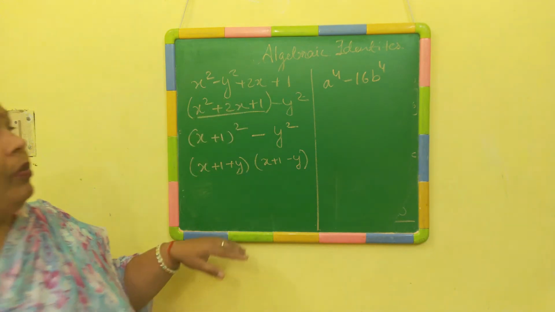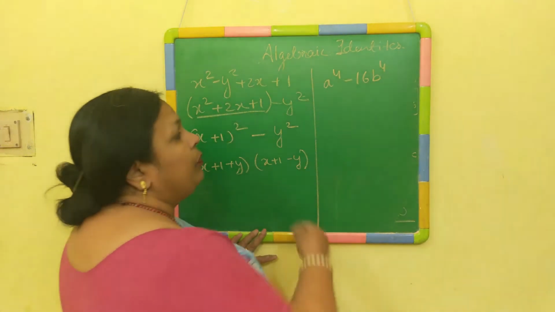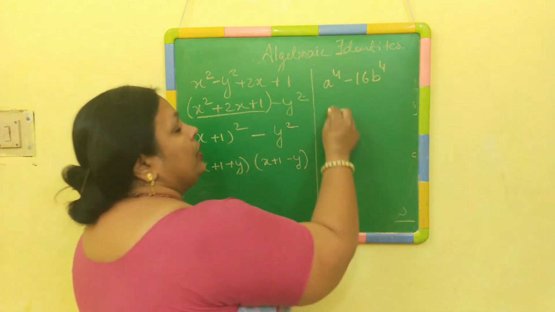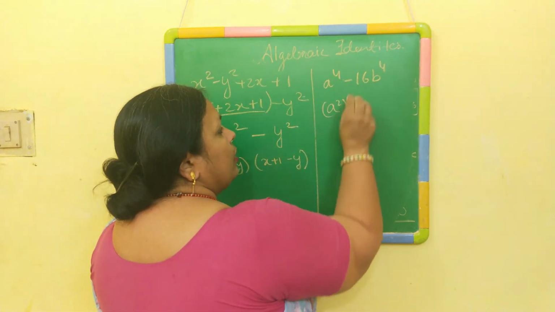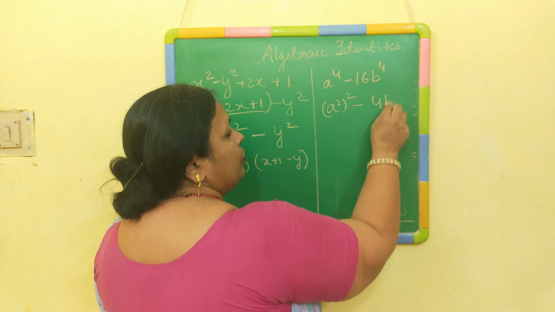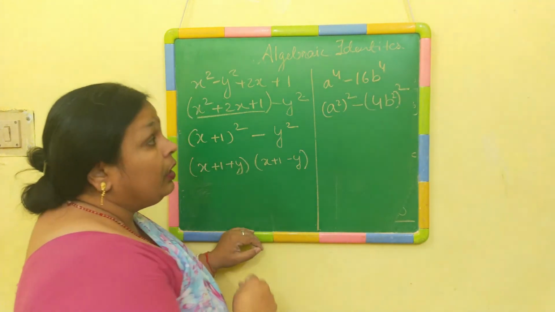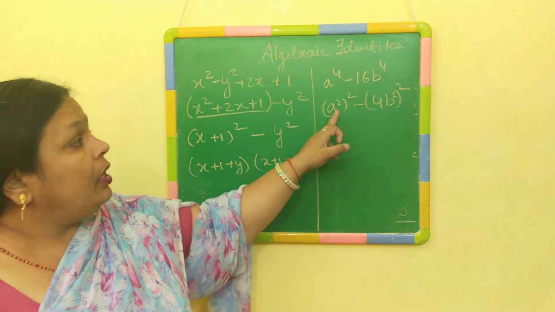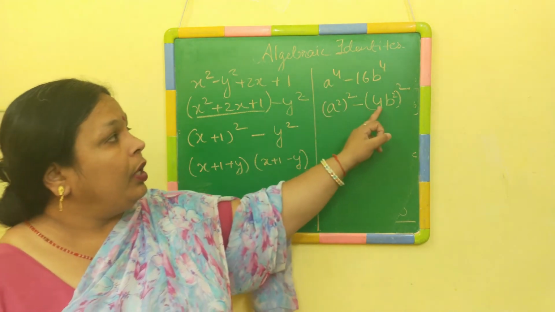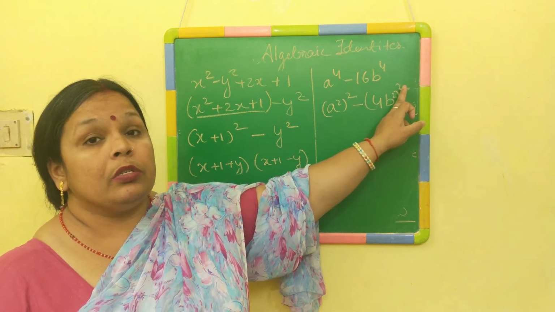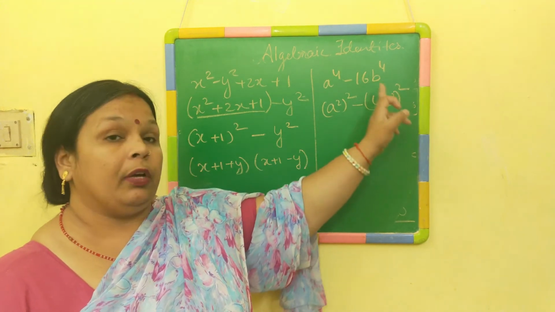Now, a power 4 minus 16 b power 4. With power 4, we didn't have any of the identities. This can be written as (a square) whole square minus (4b square) whole square. When you simplify this, a power 2 into 2 is 4 and 4 square is 16, b square into 2 is power 4, b power 4.